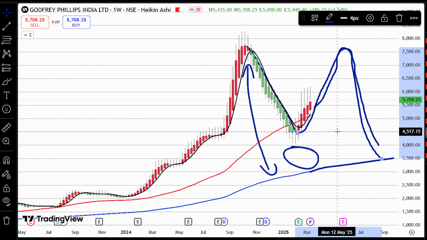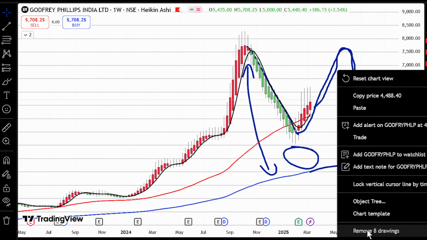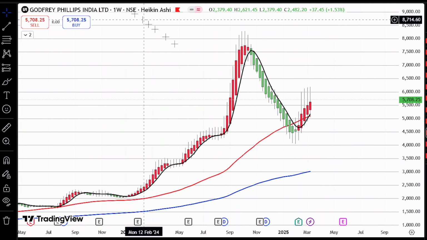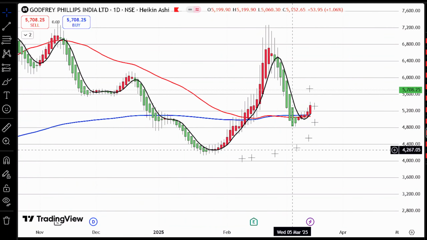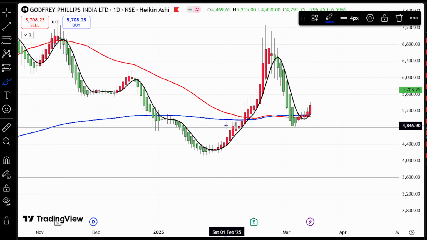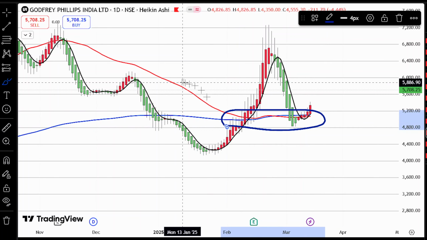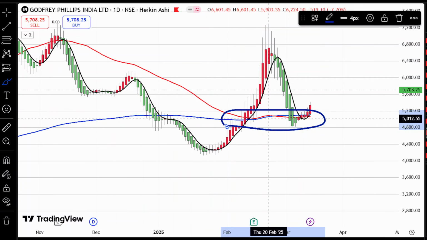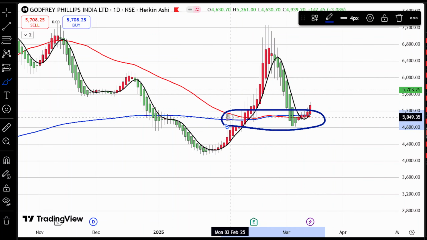So I'm not sure whether it will. If you're trying to trade this stock, do it with care. But I see the daily chart looks good actually. As you can see here, both the 200-day EMA and 50-day SMA are flat together.